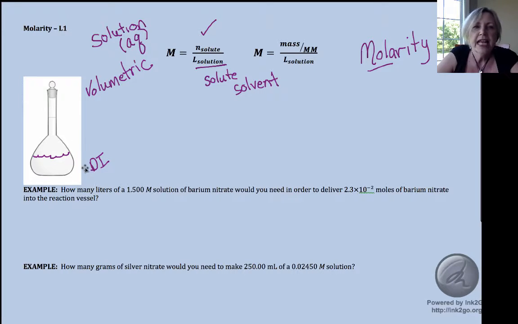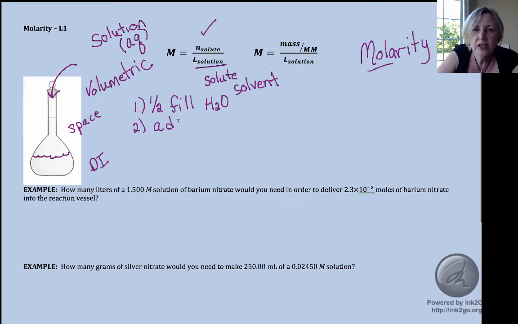Then I would add my solute to that, whether that solute is added via a pipette, a graduated cylinder, or the mass of a solute. So one, you're going to half fill with water, or even a quarter or a third, just a portion filled with water. What that does is it leaves you space so you can stir and mix effectively.